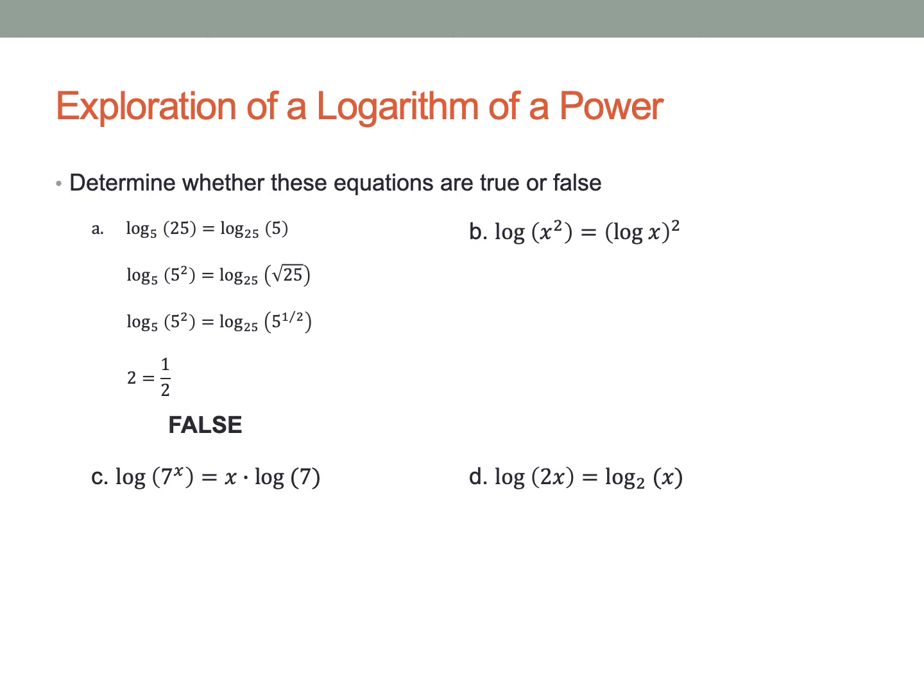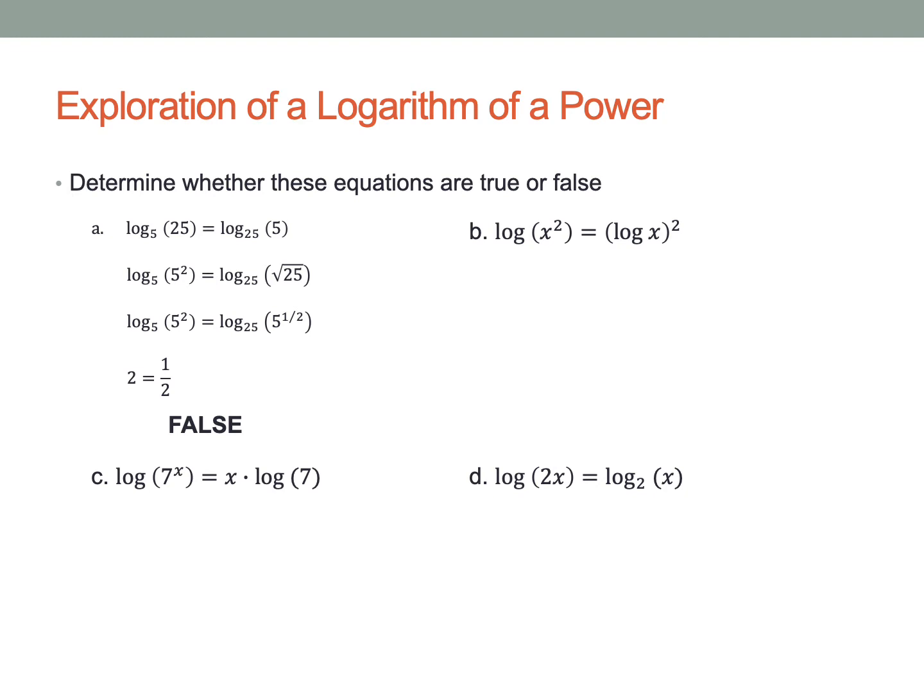And for the rest of them, like B, C, and D, you have to graph the left and right side because you have x there. And to do that, you just graph them, and if the graphs are the same, then it's true, and if they're different, then it's false.